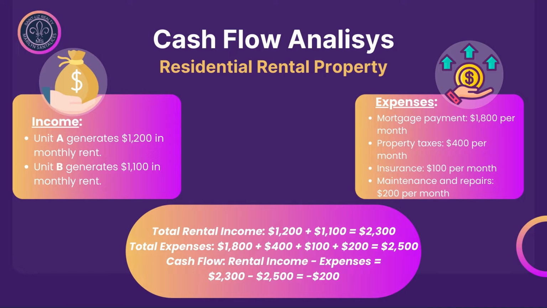The total expenses are $1,800 plus $400 plus $100 plus $200, which makes a total of $2,500. Then the cash flow would be the rental income minus the expenses, which is $2,300 minus $2,500. That is a total of minus $200.